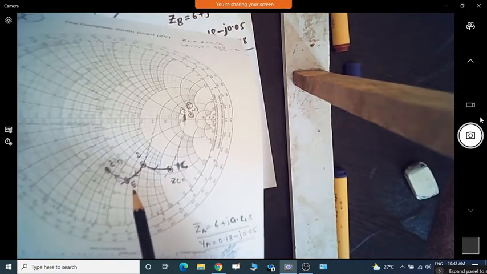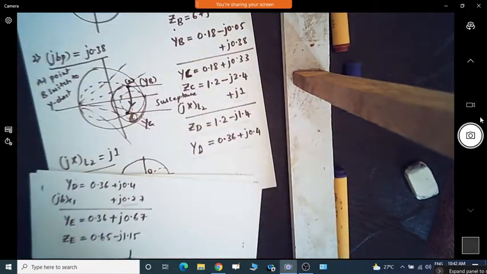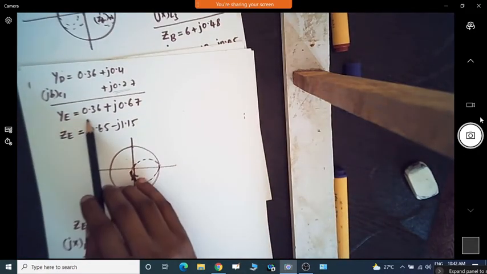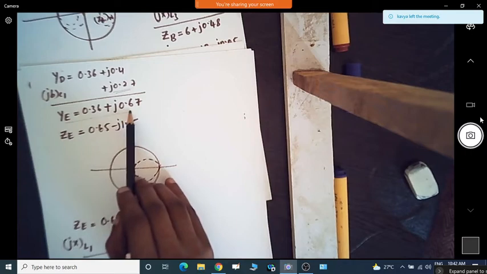Okay, so this is point E, and this is the admittance value.